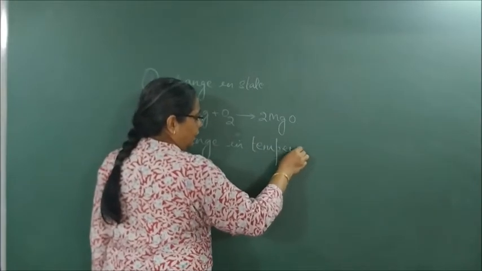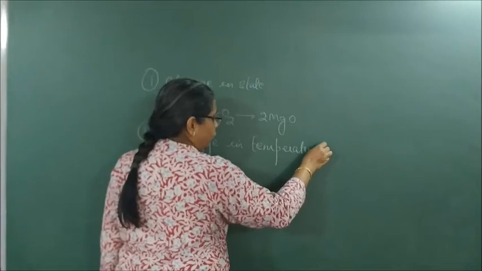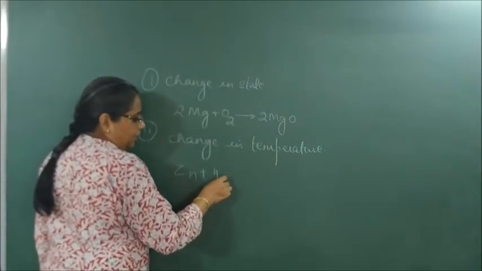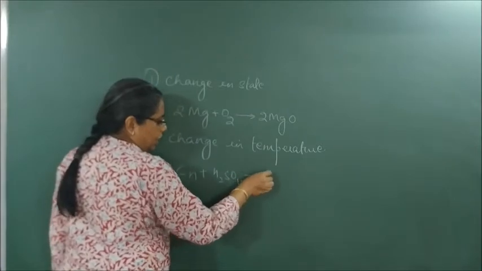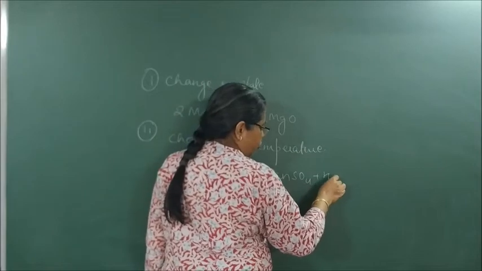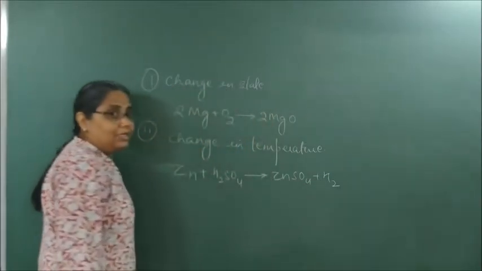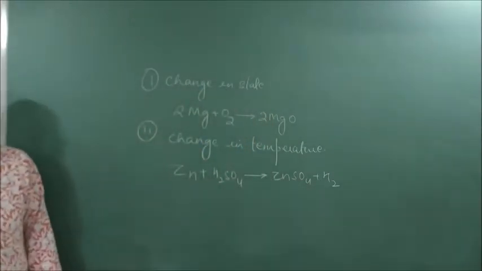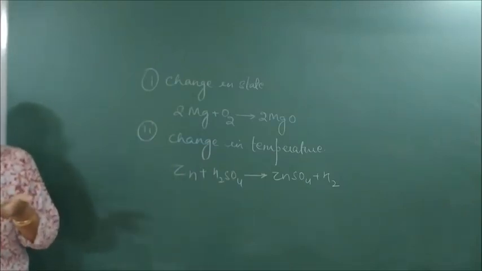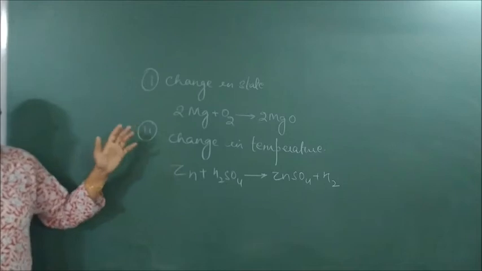Change in temperature. When I talk about change in temperature, I generally take zinc plus H2SO4. It forms what? ZnSO4 plus H2. This reaction is an exothermic reaction, and the beaker where it is done gets warm. So we know there is a change in temperature.